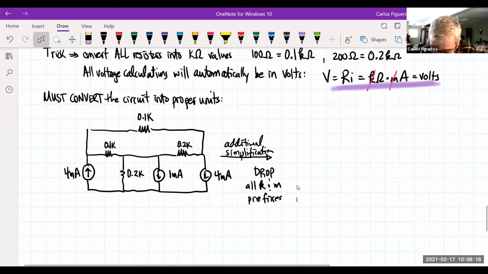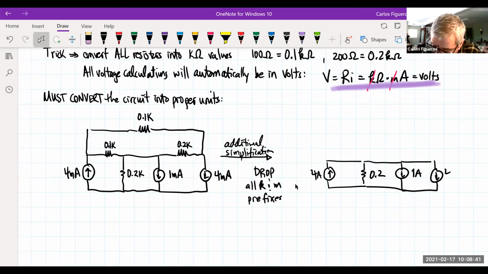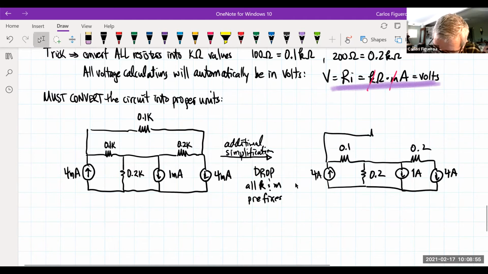So I have my current sources. Oh, there's a resistor here. So this is 0.1, this is 0.2, and this is 0.1.